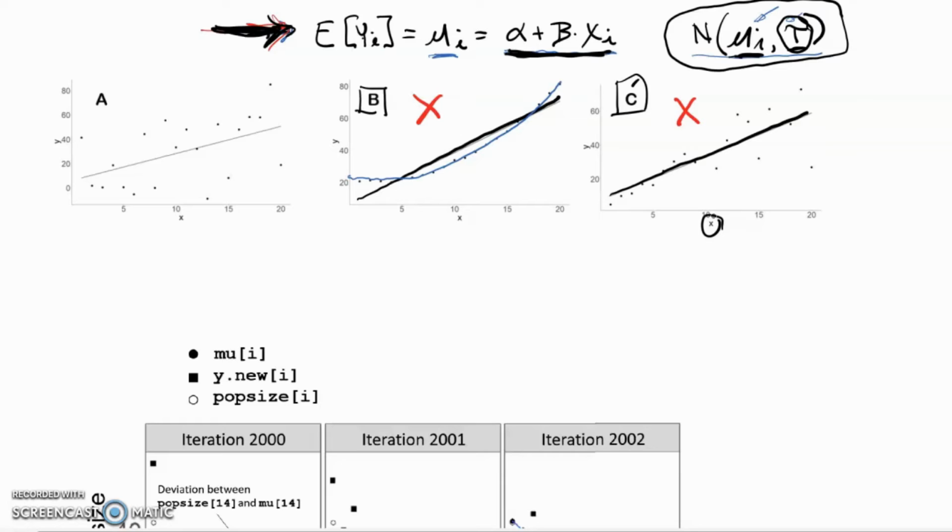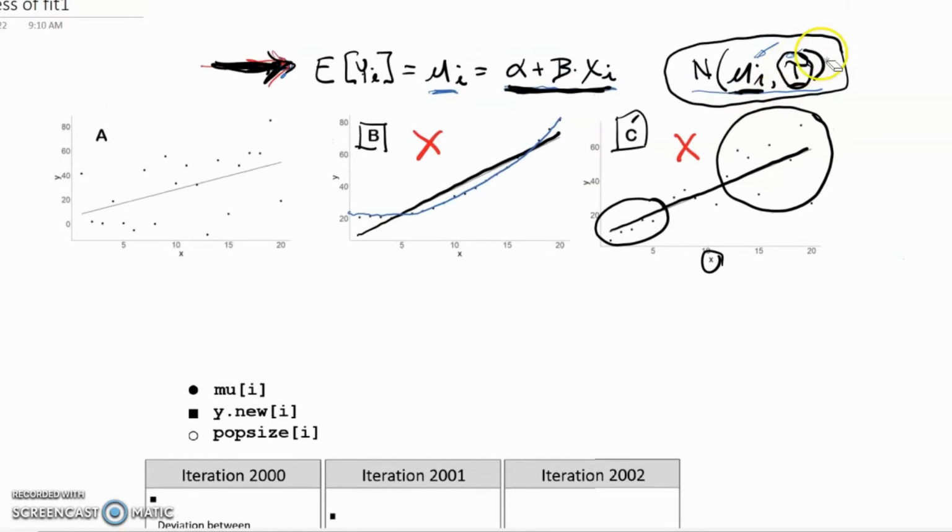And that's not what we're seeing here, because at small values of x we've got relatively little variability. In other words, we've got fairly precise data, whereas as x is larger, the observations appear to be coming from a normal distribution with a lower level of precision. So that's the concept of what I mean about goodness of fit.